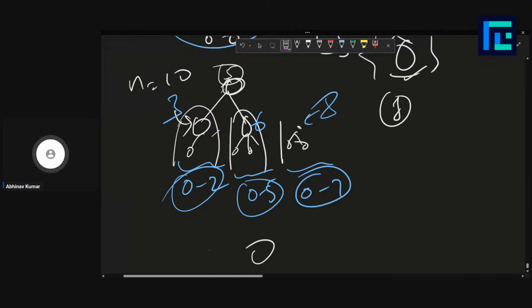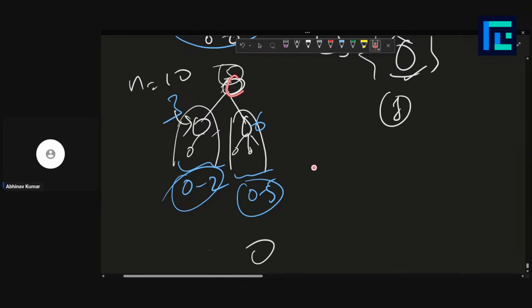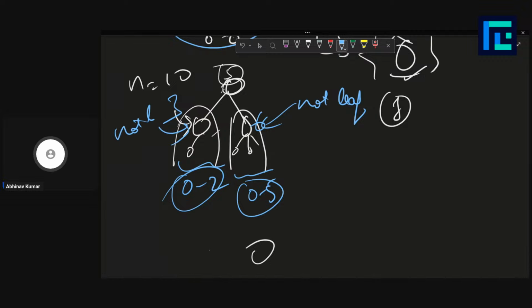Now let's say instead of 3 subtrees you had only 2. Was it possible? So from the root node you had 2 nodes coming out, and for both of these nodes there were some nodes coming out from them. They are not leaf nodes. I'm telling this is not a leaf node, and this is also not a leaf node.